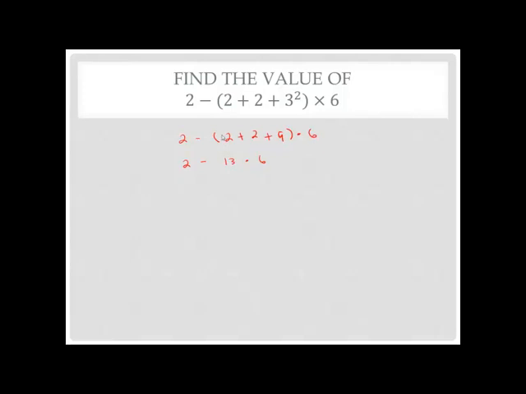Now you have to figure out what you would have to do next. So I'm looking here. I've simplified that as far as I could, and I got 13. I have 2 minus 13 times 6. My order of operations tells me to complete the multiplication first. So I would need to multiply those two numbers first. So 6 times 13 is 78.